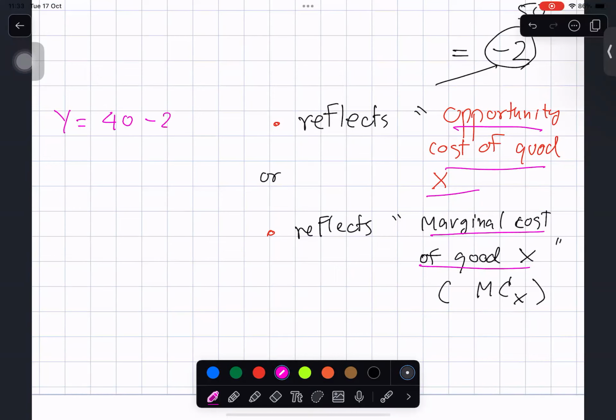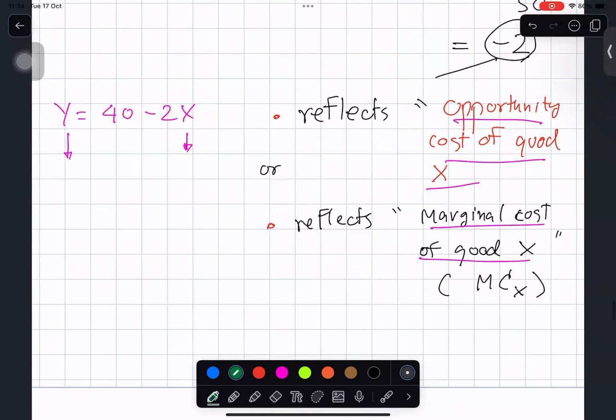I bring this equation to here again. The numerical world, the line above, it's about this. Okay, let's simulate. If he doesn't eat pizza, if X is 0, Y is 40. He can use 2,000 to buy 40 Pepsi.